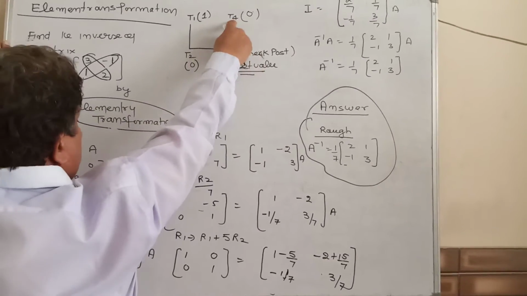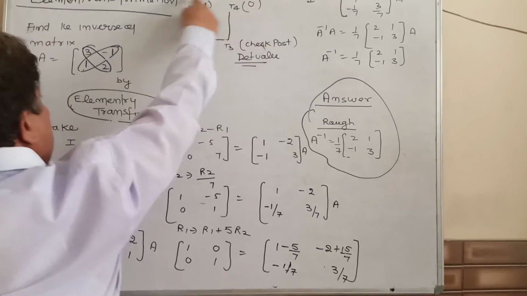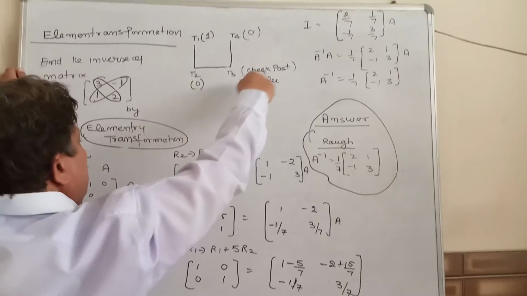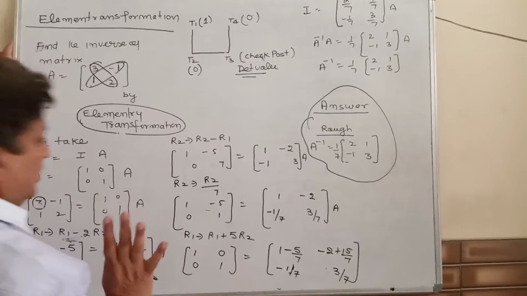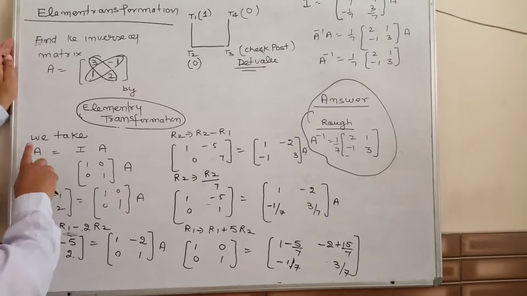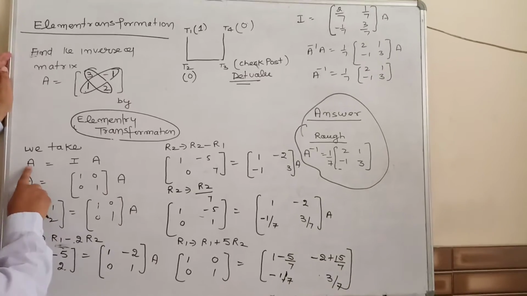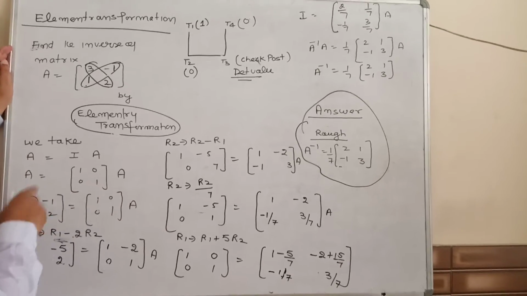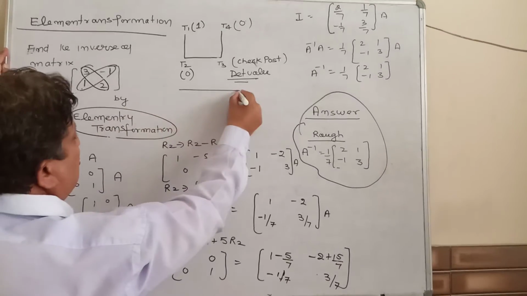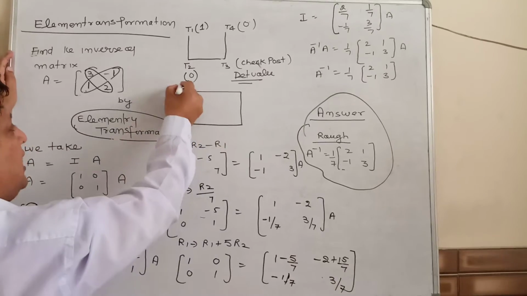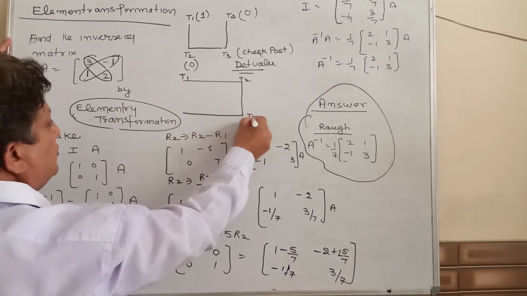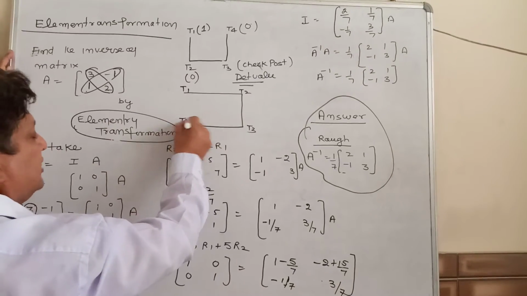Now we will proceed to target 4, that is 0. That is, we have to make the given matrix into an identity or unit matrix. So this is the target. Now we proceed. If we do it by row method, then we have to take A = IA. If we proceed by column method, this is the procedure, with T1, T2, T3 and T4, and here the check post comes.